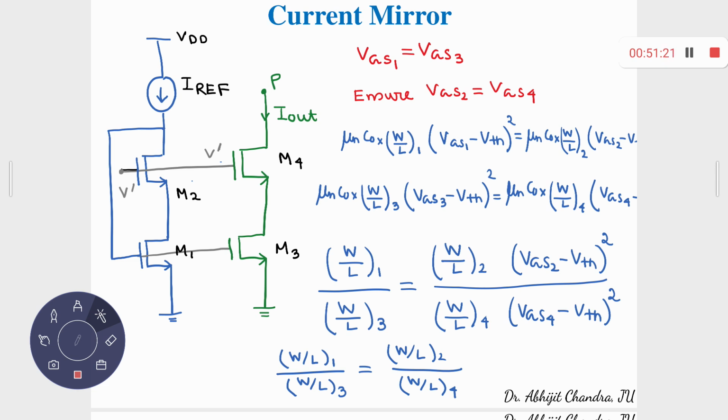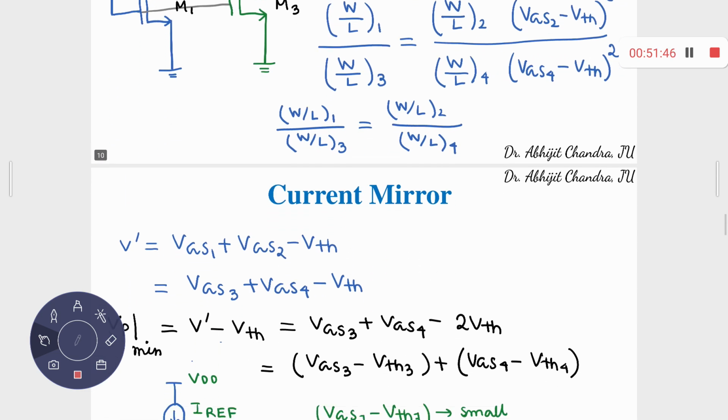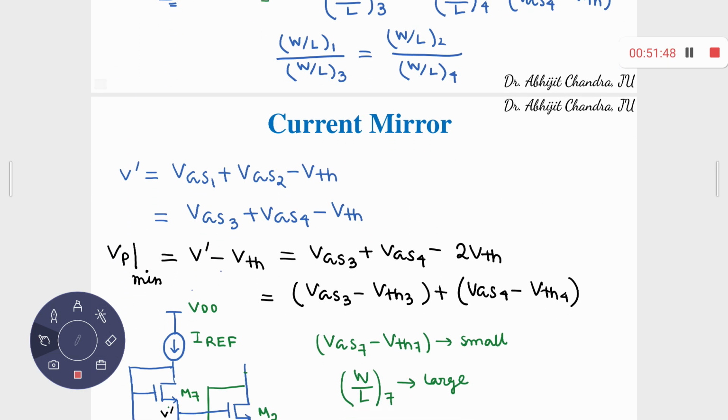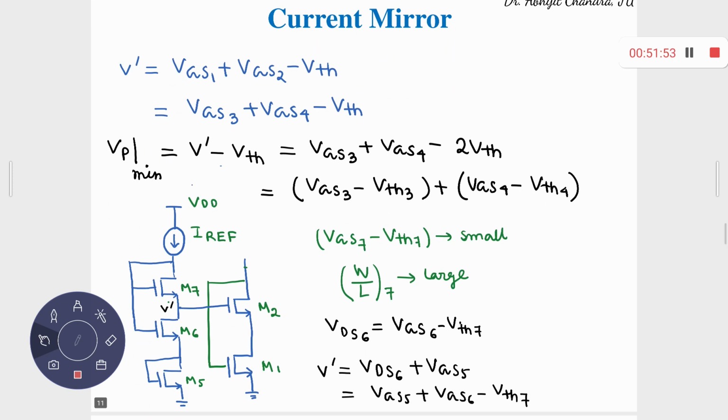And I need to ensure that VGS2 must be equal to VGS4. So in order to ensure that, the condition (W/L)1 by (W/L)3 equals (W/L)2 upon (W/L)4 must hold good. So that is the last line.